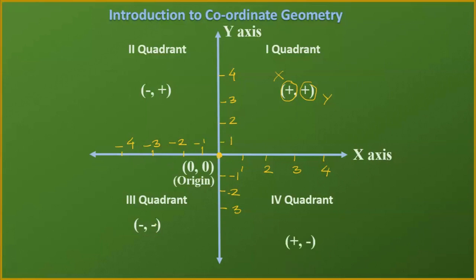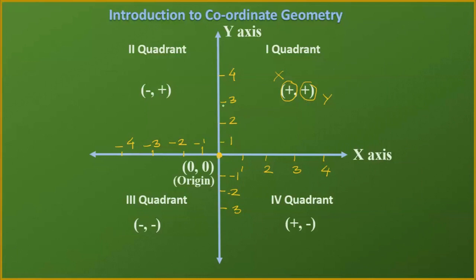And the last one is the fourth quadrant. Observe, in the fourth quadrant the x coordinate is positive while the y coordinate is negative, so it is plus comma minus. Here both of them are negative. Here x is negative and y is positive, that's why minus comma plus. And here both are positive. Right?